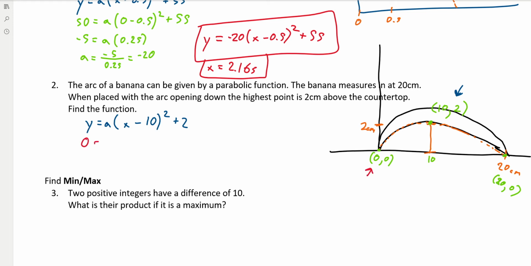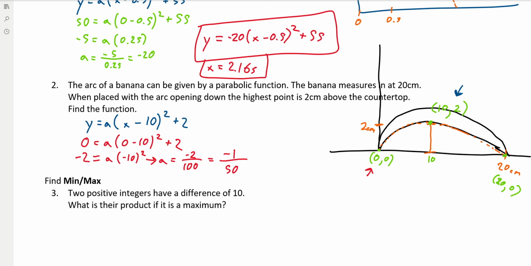So 0 equals a, 0 minus 10 squared plus 2. Now, to find a, we're going to get a minus 2 on this side, and we'll have negative 10 squared. And so a will equal negative 2 over 100, or negative 1 over 50.